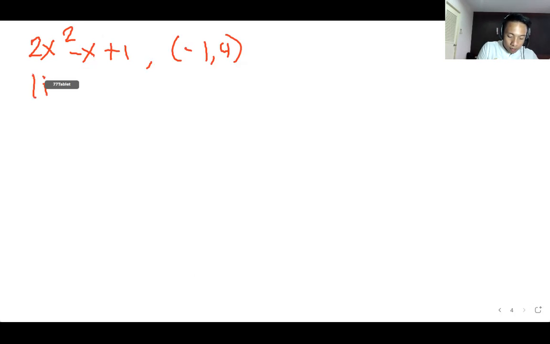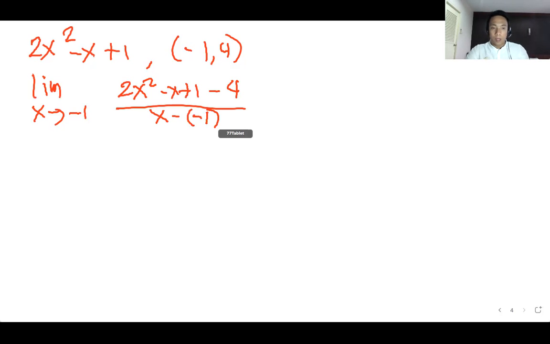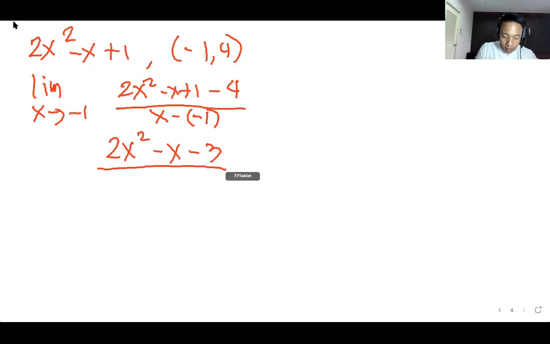So limit x approaching a, our a is negative 1, correct? And then we have the f of x, or 2x squared minus x plus 1 minus our f of a is 4, all over x minus our a is negative 1. Okay? Let us simplify. So we have 2x squared minus x. 1 minus 4 is negative 3, all over x minus negative 1 is x plus 1.